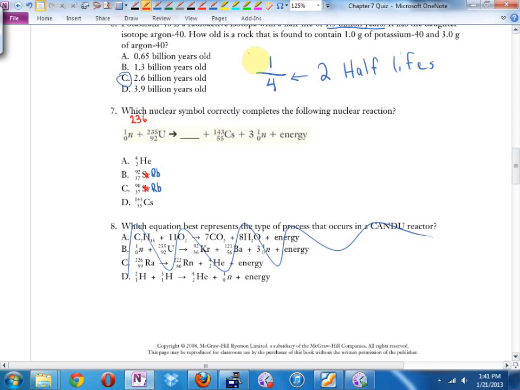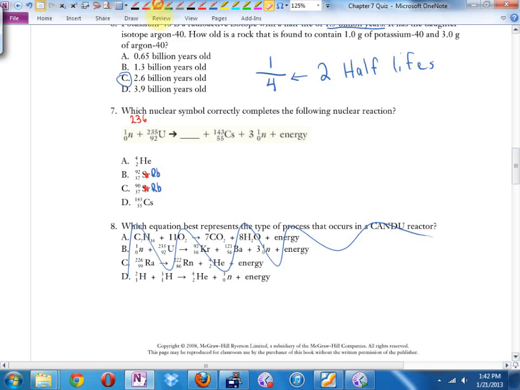What's the mass right here? Yep, 143. And what's the mass of a neutron? 1. But how many neutrons do I have? You're right, 3.